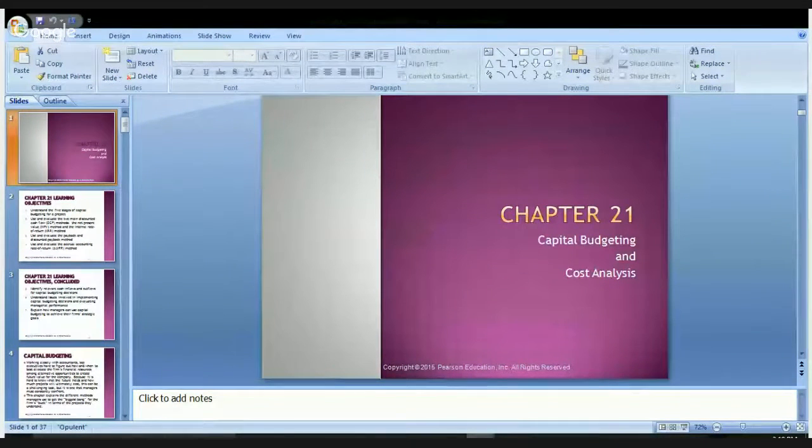Some of the terms that you need to know in this chapter include the accrual accounting rate of return, or AARR method, capital budgeting, cost of capital, discount rate, discounted cash flow method, discounted payback method, hurdle rate, inflation, internal rate of return method, the net present value method, the nominal rate of return, opportunity cost of capital, payback method, real rate of return, required rate of return, and time value of money.